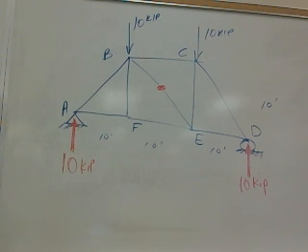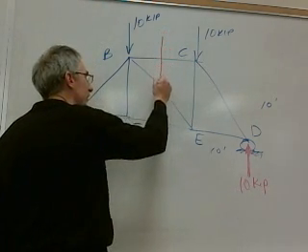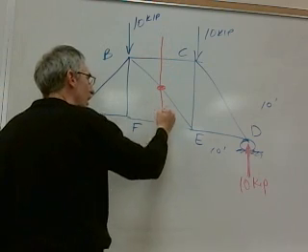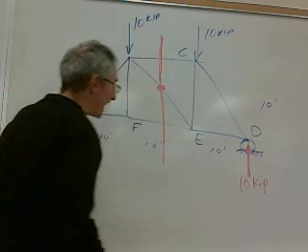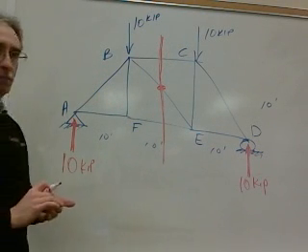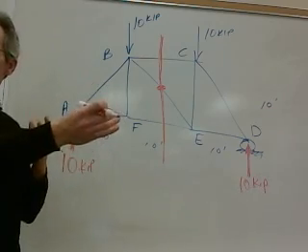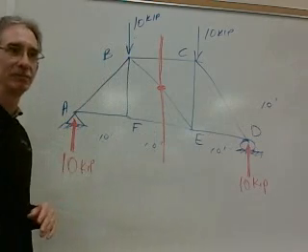What we would want to do is cut a section through this truss, sectioning that member away from another part of the truss, or basically in this case breaking the truss in half.